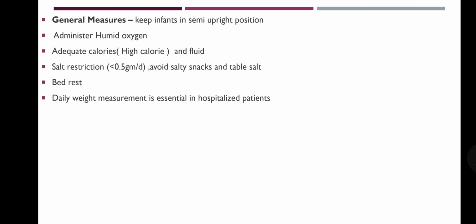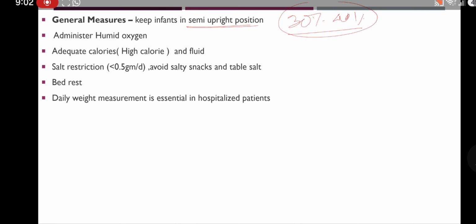So first is the general management. When the patient comes to your hospital emergency with the features of heart failure, always do the ABCD of a patient. That means put the patient in a semi-reclining upright position at 30 or 45 degrees.